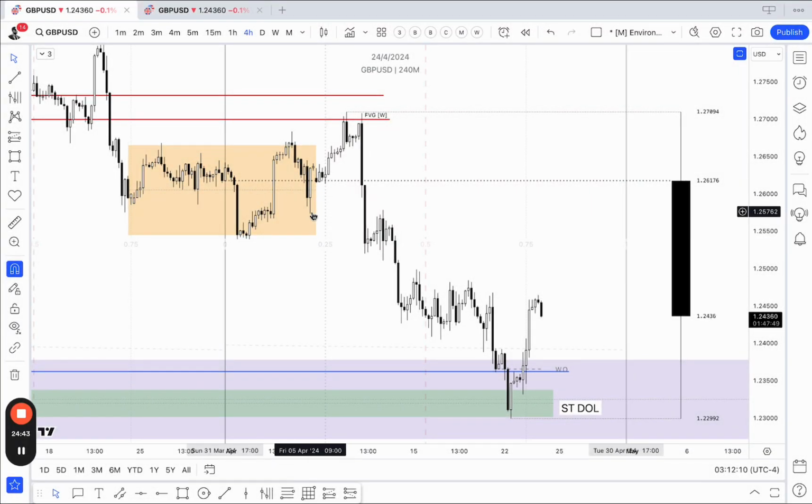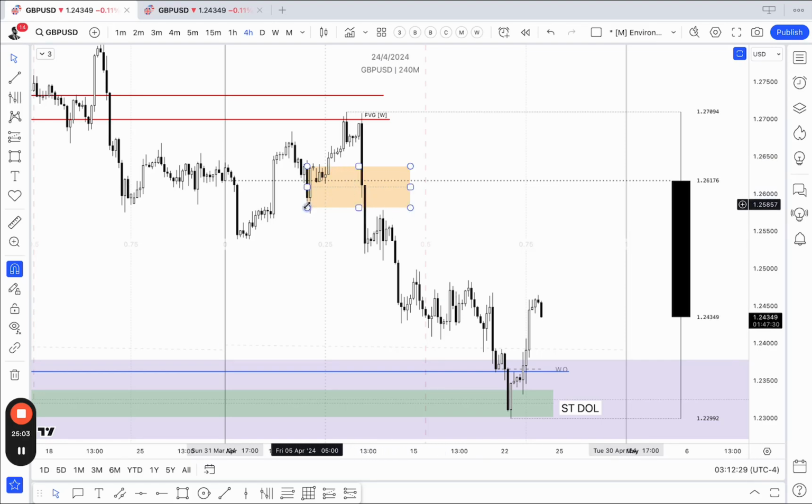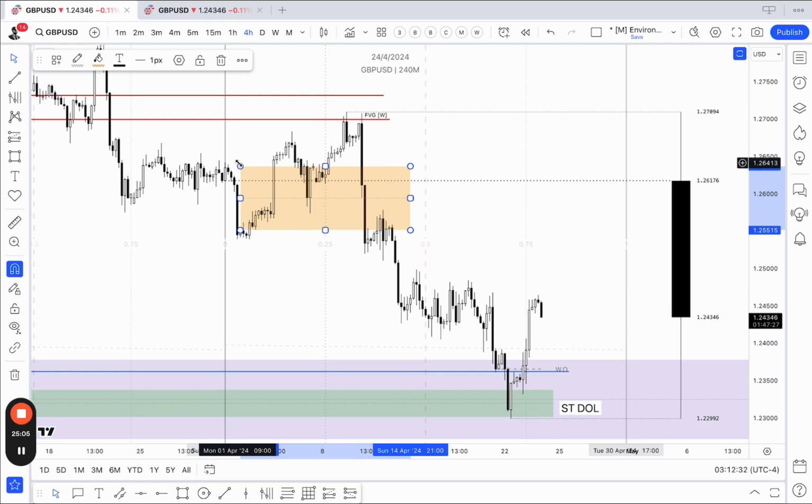Okay, so we can see here, the week starts here at this 25% marker. We have manipulation, hits that higher time frame level, forms the high of the month, and then we see a change in the state of delivery by breaking this down candle and this fair value gap, and also this Medusa here.